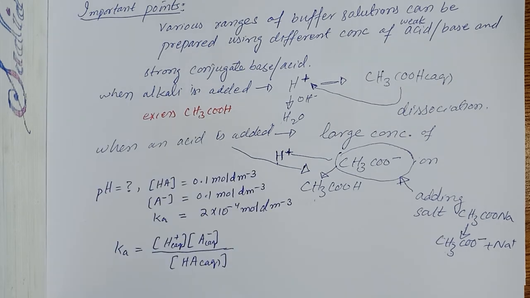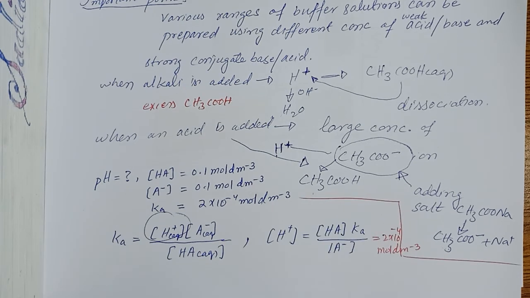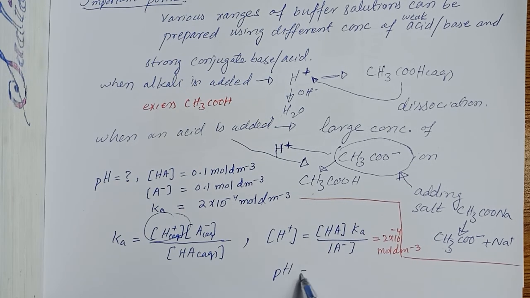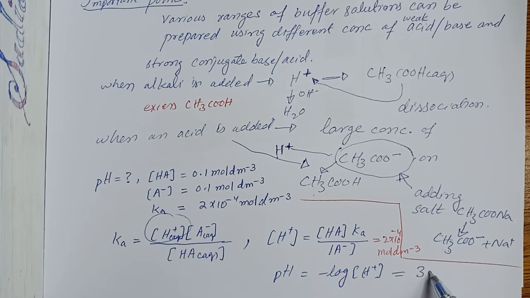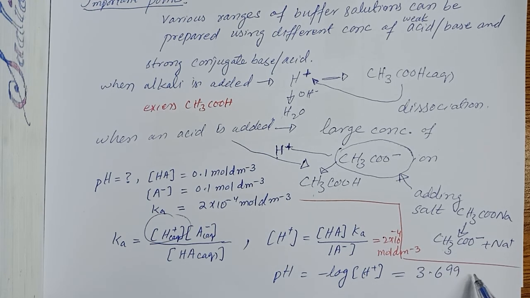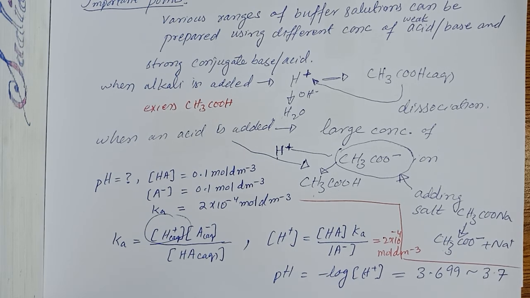For example, if the concentration of the acid and the conjugate base or the salt is given with the value of Ka, using this formula we can calculate the concentration of hydrogen ion, and then using the relation that pH is the negative log of hydrogen ion concentration, it will give the value 3.699, so equal to 3.7.